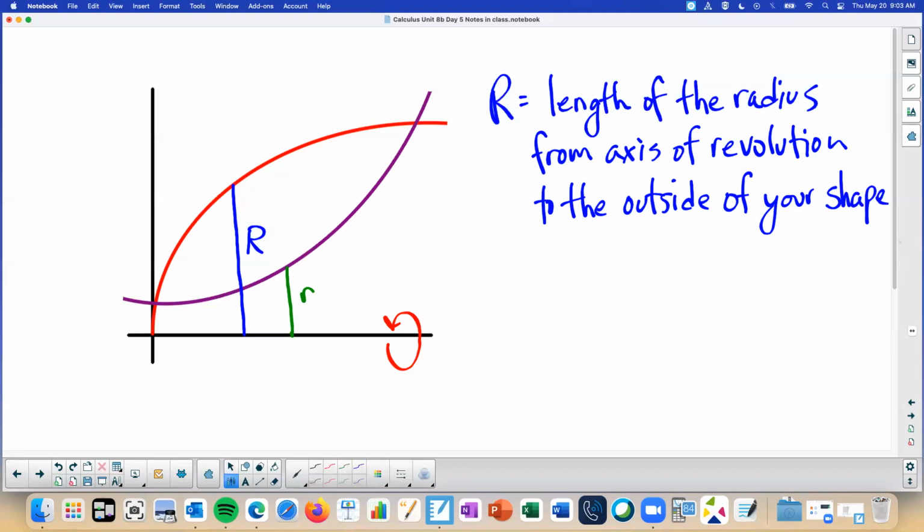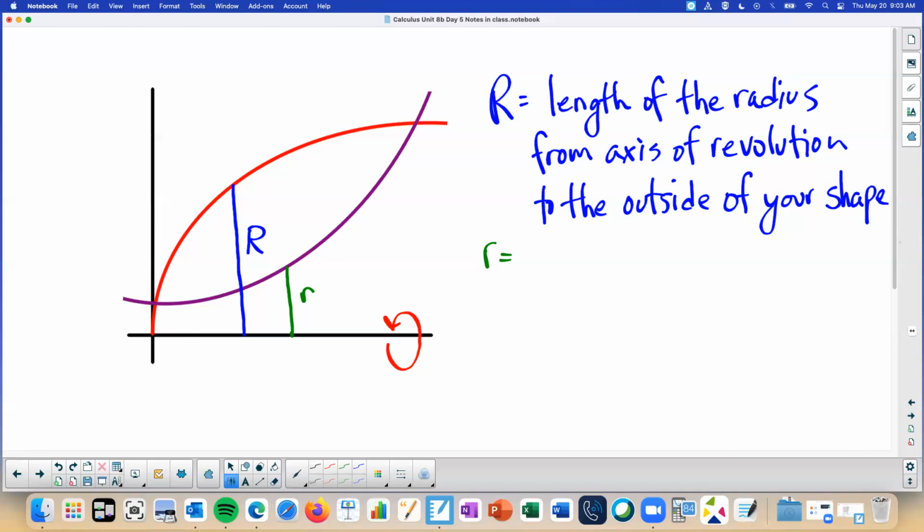I know I said it out loud, but I'll write it down in case you guys want to have it written somewhere so that you don't forget. So big R is the length of the radius from the axis of revolution to the outside of your shape.